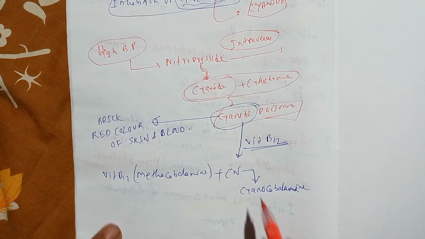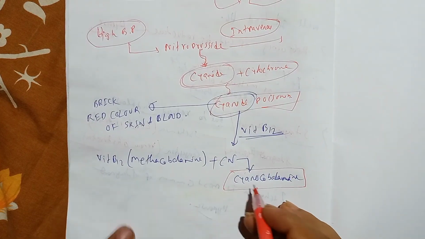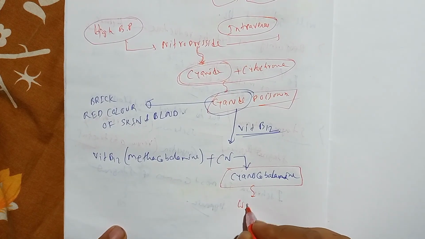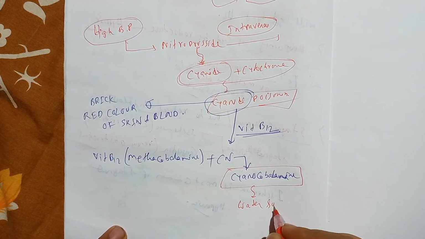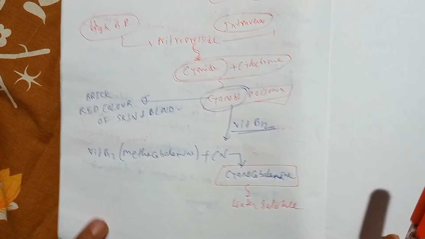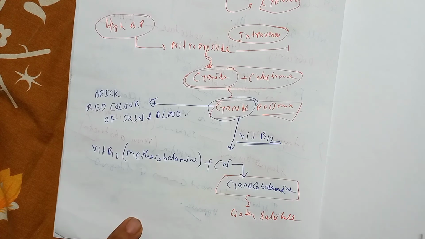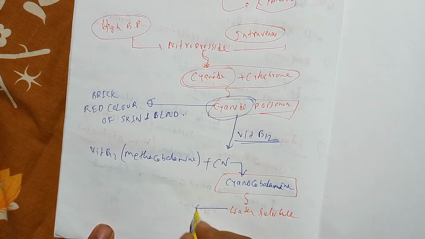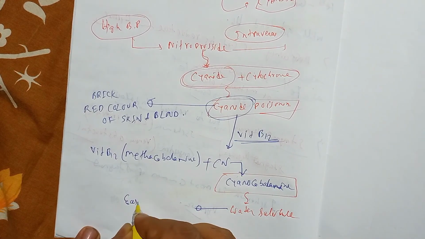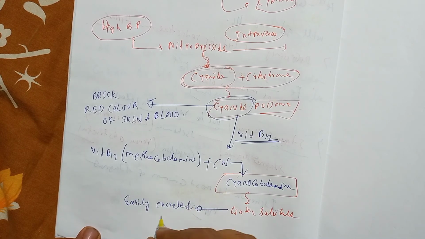And this cyanocobalamin is a water soluble compound. As it's a water soluble compound, it can go outside by the process of excretion. So we can say it is easily excreted in urine.